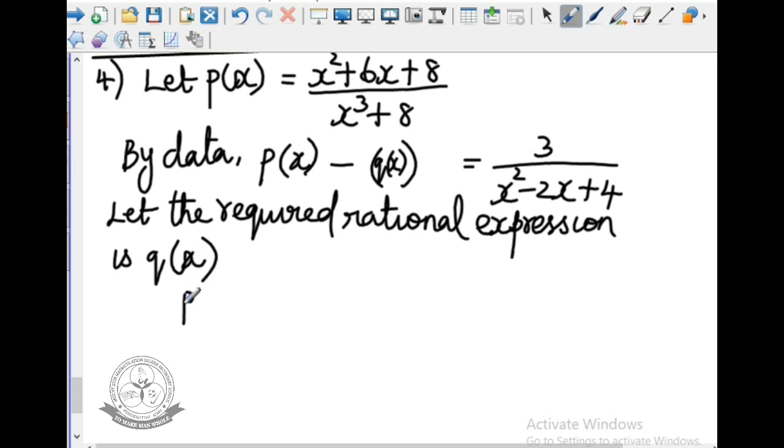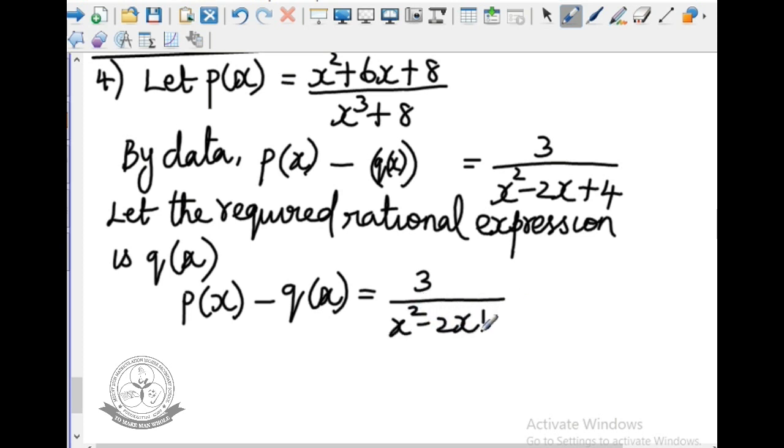So p of x minus q of x equal to 3 by x squared minus 2x plus 4. Now write the value for p of x.